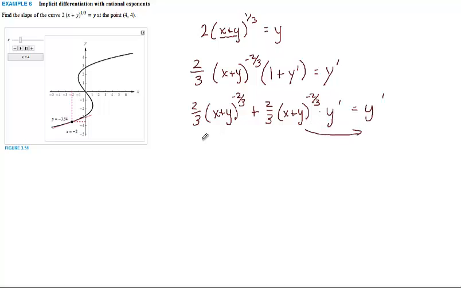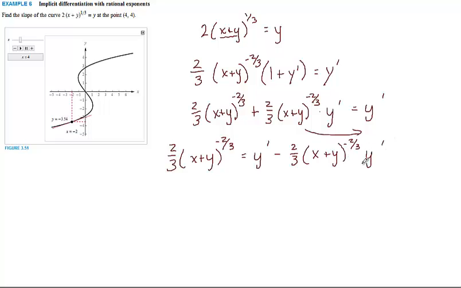Same game, move that term over and then just sit here and mess around with some ugly algebra. Y prime minus 2/3. And yeah, you guessed it, I am going to factor out y prime. It's the whole reason I did it. And then I'm going to divide.